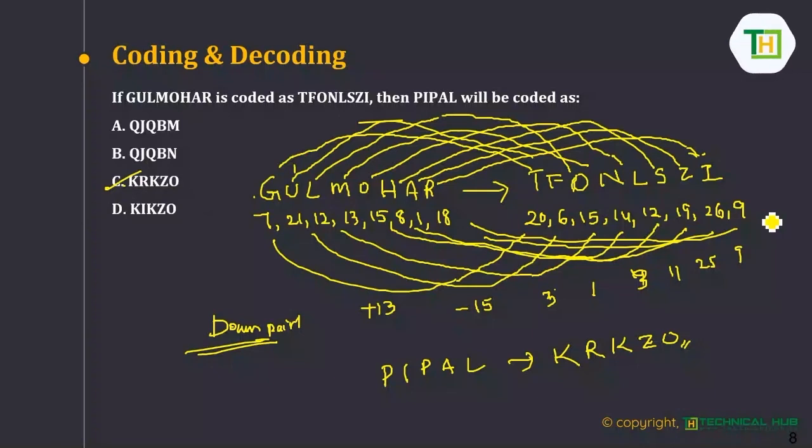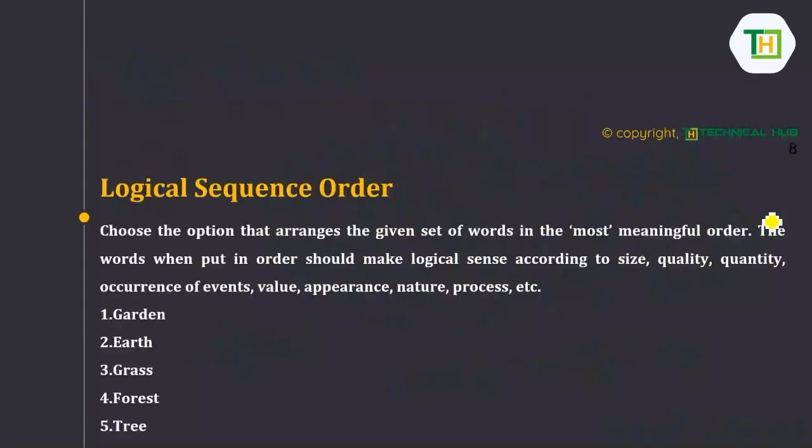Among the 5, we consider smallest to largest. So among the 5, grass is the smallest. Next one, tree. After garden.